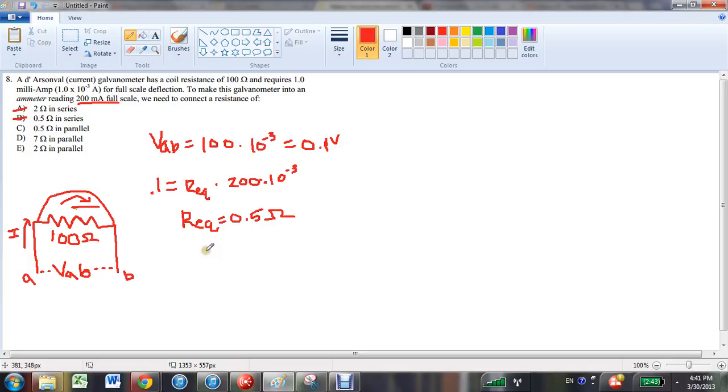So now we're going to use the equation for how to add resistors in parallel, which is 1 over Req is 1 over R1 plus 1 over R2. Okay, and then we're going to come over here and say 1 over 0.5, that's our equivalent resistance over here, equals 1 over 100 plus 1 over R2.